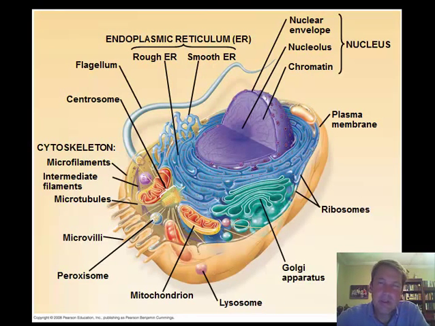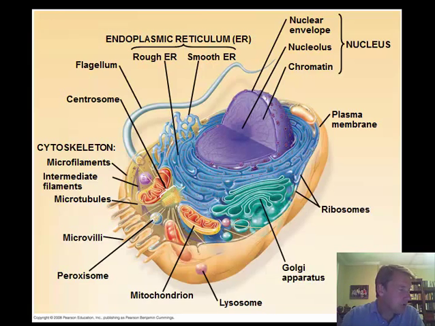In grouping these organelles, and we do this in the outline, we can group these into categories about whether they specialize in manufacturing products or whether they are involved in metabolism and energy harvesting or energy production.